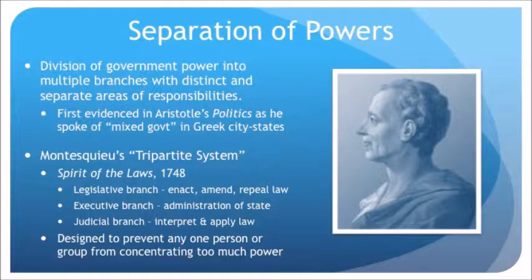These are designed to make sure that not one person or group of people becomes too powerful, which we've seen happen a lot in the past. When the United States wrote the Constitution after the Articles of Confederation, they didn't want this to happen again. They wanted to make sure that there were checks and balances so that no one got too powerful and that responsibilities could be separated through multiple institutions.